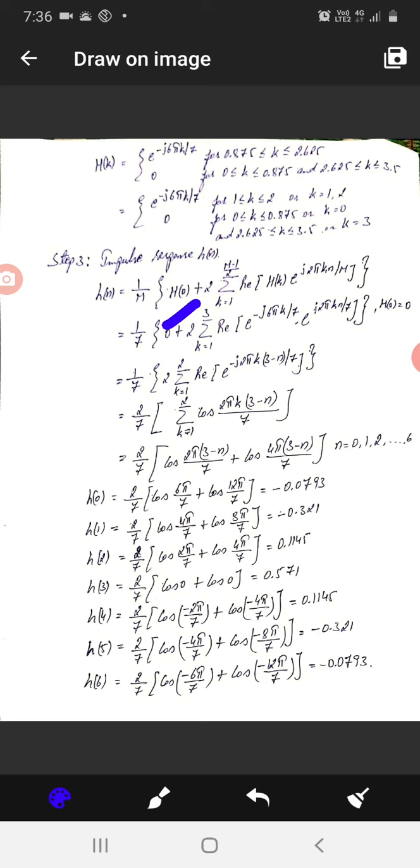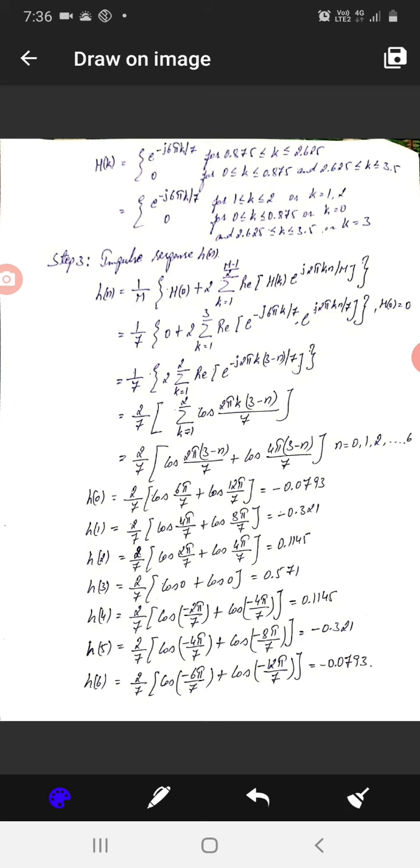Okay. Next, substitute the m value, k from 1 to 3, then substitute for h of k. What we got in this case is e raised to minus j 6 pi k divided by 7, and this part remains as it is. Next, do the simplification here.